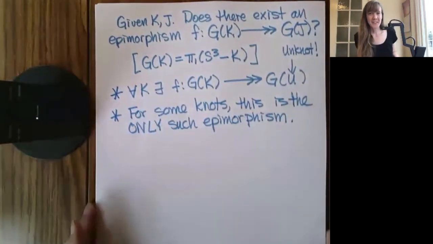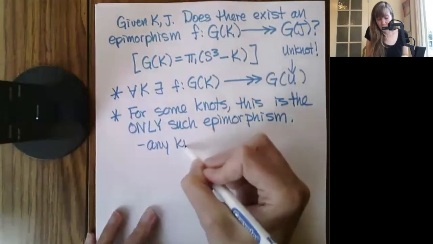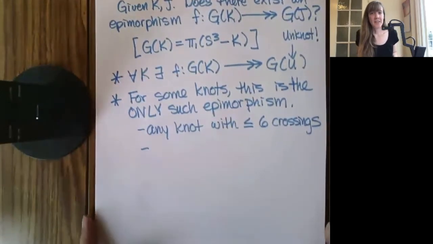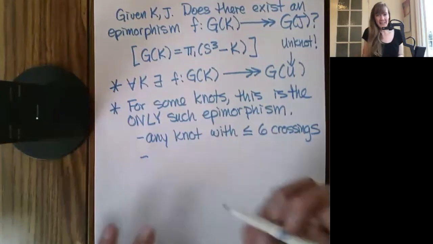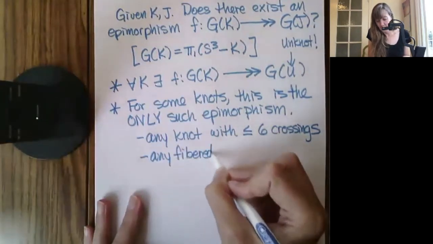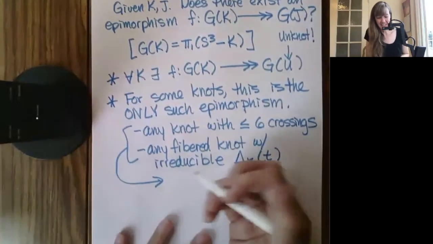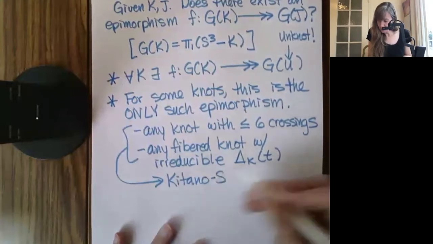Examples of such minimal knots are any knot with 6 or fewer crossings, and another class of such knots is any knot that's fibered and has an irreducible Alexander polynomial. All right, and these are results that you can read about in work of Kitano and Suzuki.